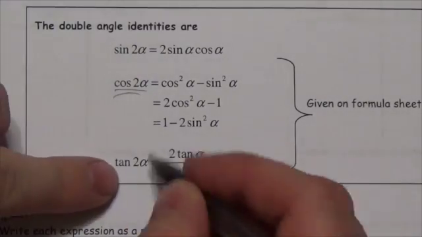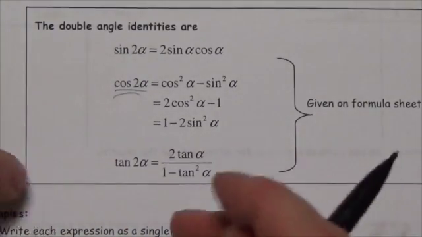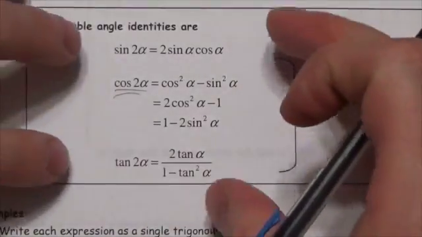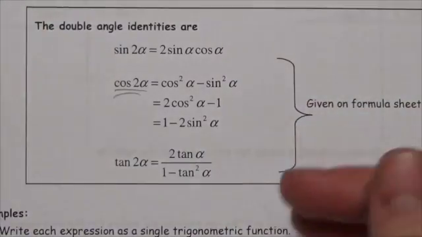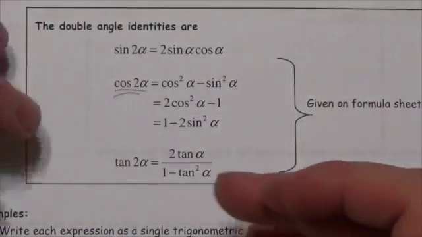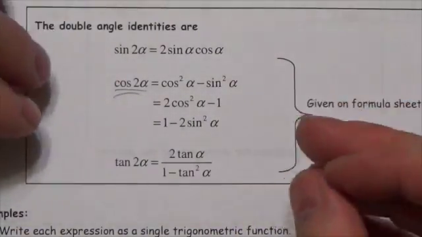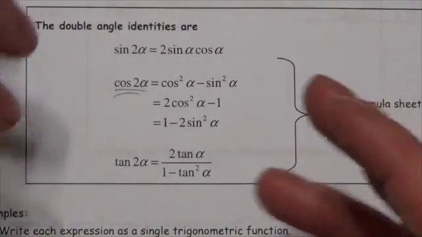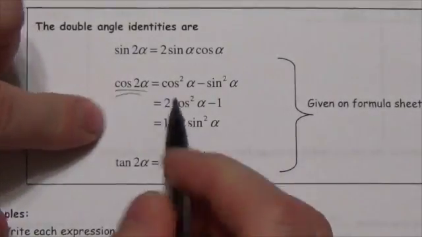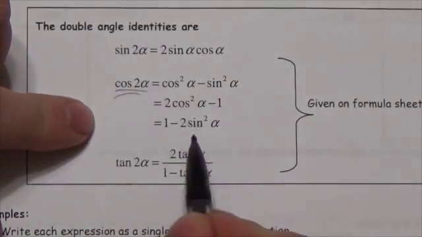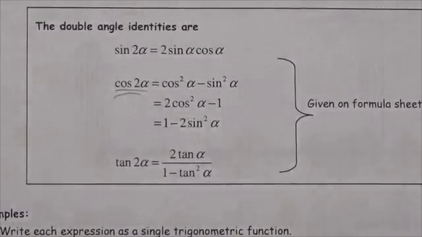So here they are, and you really just got to be familiar with that pattern so that you can recognize it, because these will all be given to you. You just got to be able to see them and recognize them when you're working through a problem, so that you know, oh yeah, cosine of 2 alpha, that could be any one of these 3. It'll give you a sense of what you need as you're working through a problem.